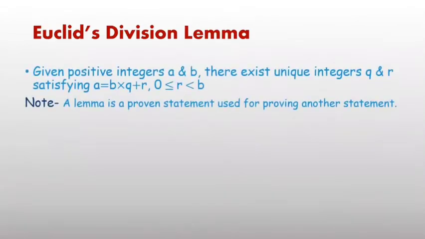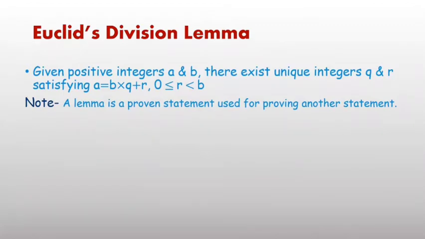Now Euclid's division lemma. According to Euclid's division lemma, given positive integers a and b, it implies Euclid's division lemma is applicable on positive integers. Then the second part is there exist unique integers q and r satisfying a equal to bq plus r, which all of you know: dividend equal to divisor into quotient plus remainder.